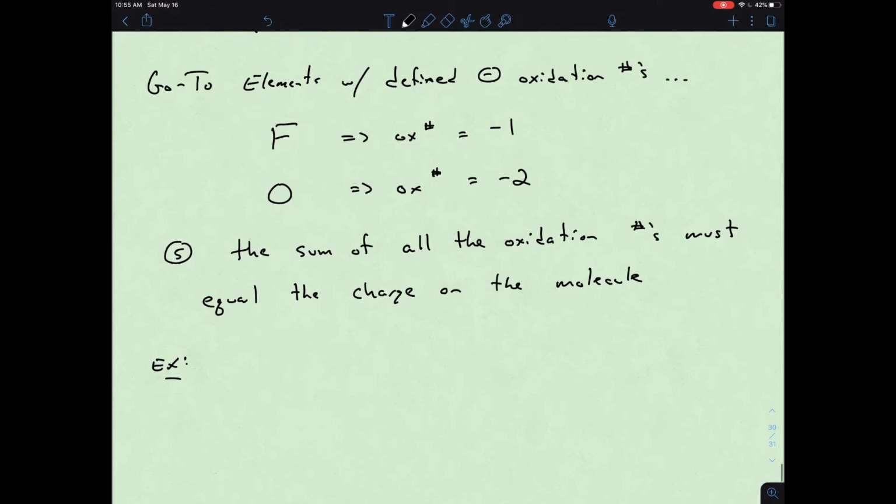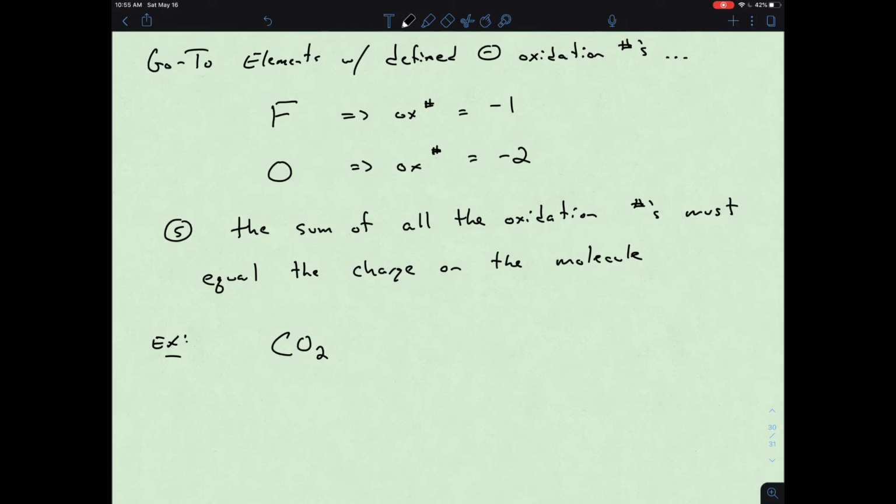Let's look at CO2. If we look at carbon dioxide, I'm going to be putting oxidation numbers here in red, and in brackets, I'm going to have the sum of oxidation numbers.